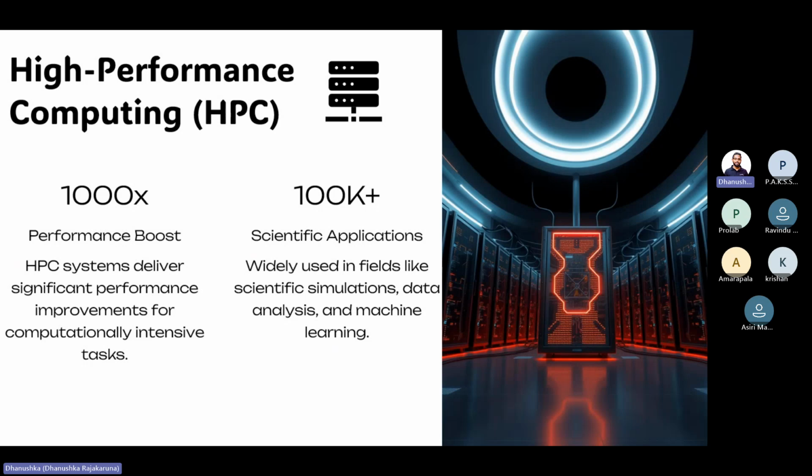Maybe the FBI, CIA, and Pentagon, as well as most of the intelligence services in Sri Lanka, are using these HPCs because they need to analyze data more effectively and quickly.